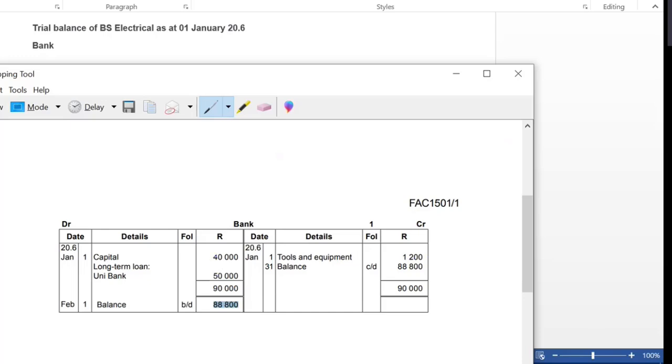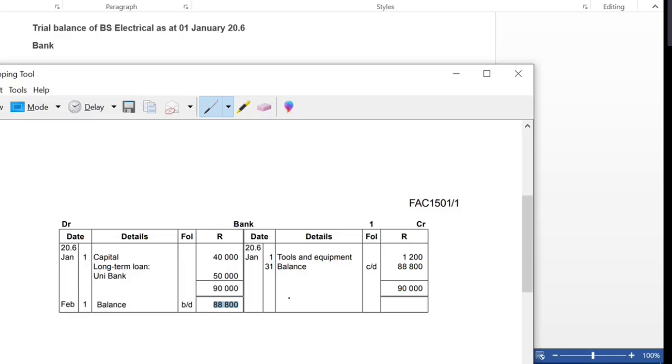Do you agree with me that 40 plus 50, 90, the debit side is bigger than the credit side? Are you with me, Faith? Yes, I am. I'm showing you how to balance an account.